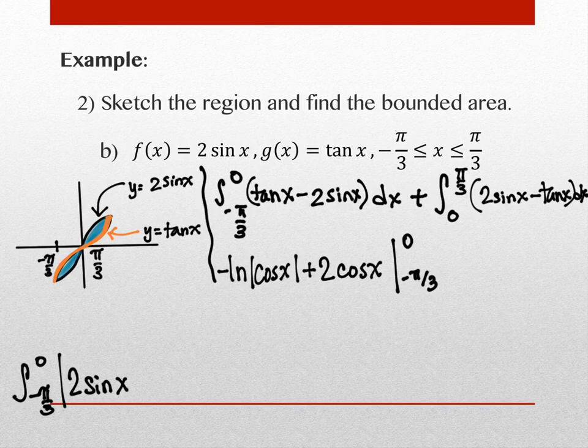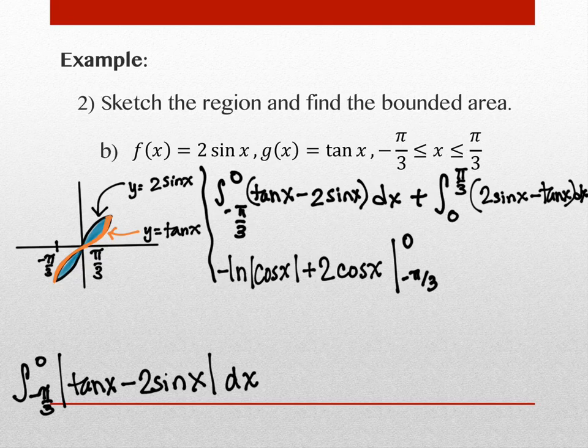How did I write it? I think that's backwards from what I wrote. Tangent of x, tangent of x, plus, minus 2 sine of x. And then my signs would for sure be right because I'm taking absolute values.